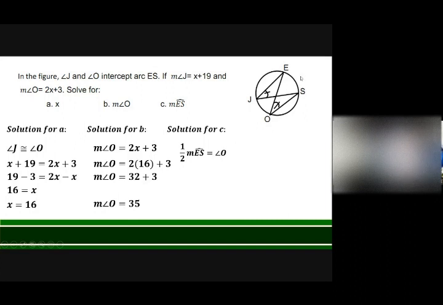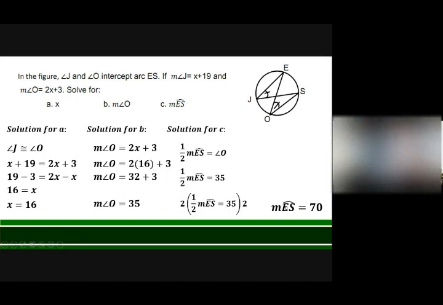So, yung 1/2 daw ng ES ay equal sa angle O. Or, 1/2 of arc ES is equal to 35. Then, let us try to multiply both sides by 2, para ma-cancel out natin yung 1/2. Then, 35 times 2. The arc ES is equal to 70.